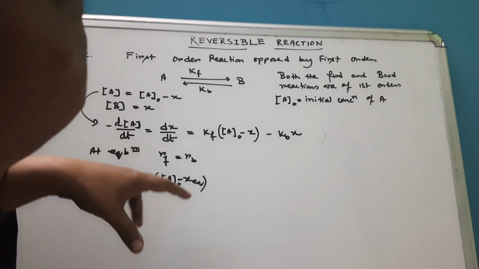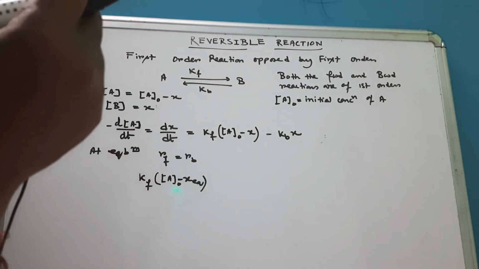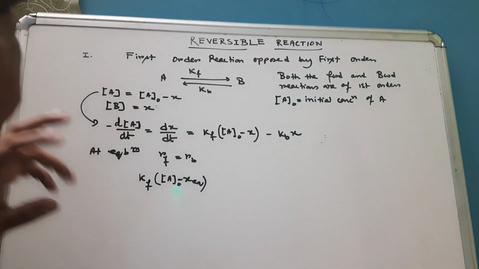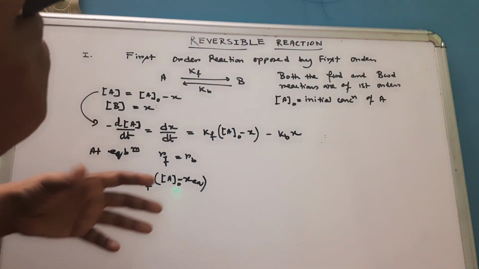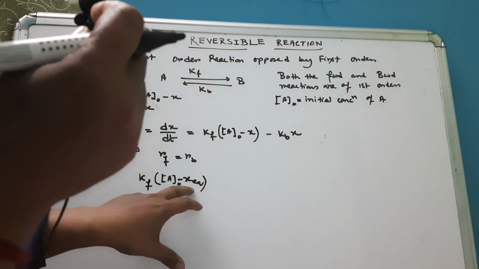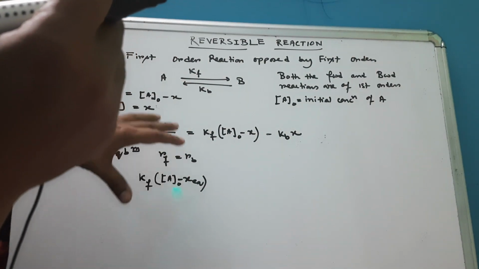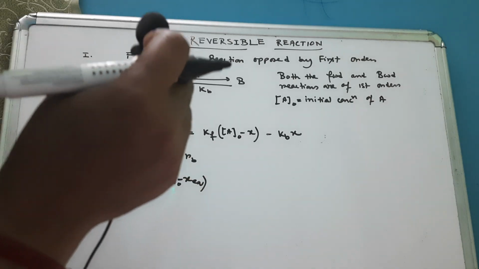Our assumed time t and the equilibrium time may not be equal. So for more clarity, we assume the extent of reaction at equilibrium is different from x, so it is x equilibrium.